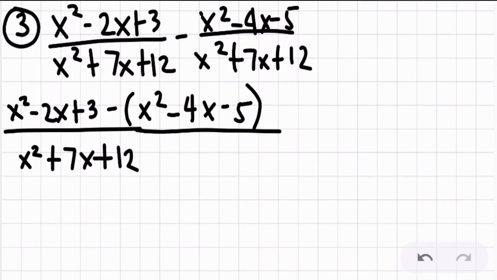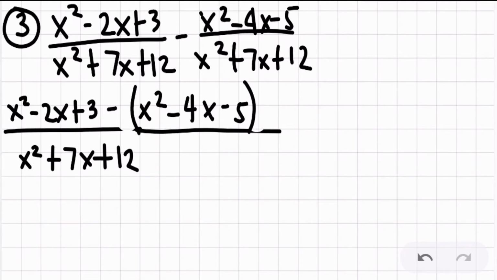Because if we will try to not include parentheses, that means that we are only subtracting 3 by x squared, but that is not our goal here. So we want to mean that we are subtracting all of this.